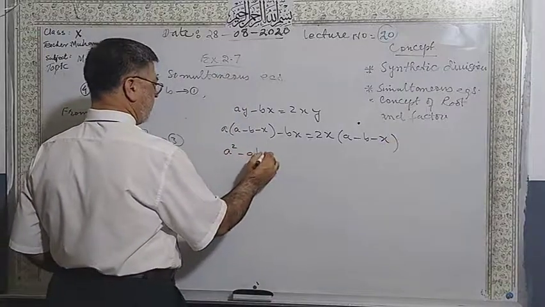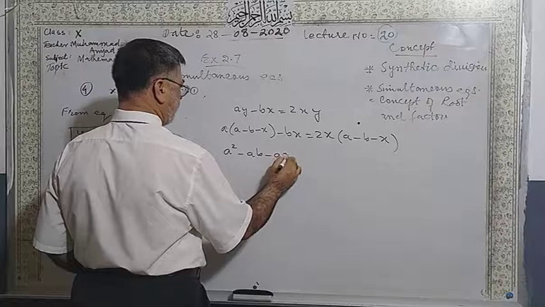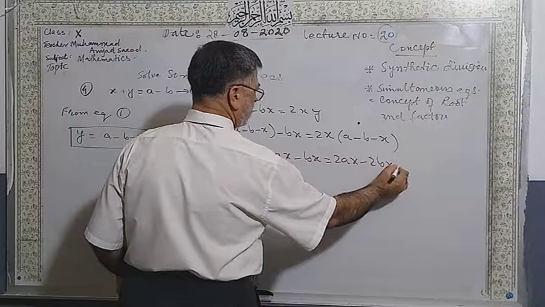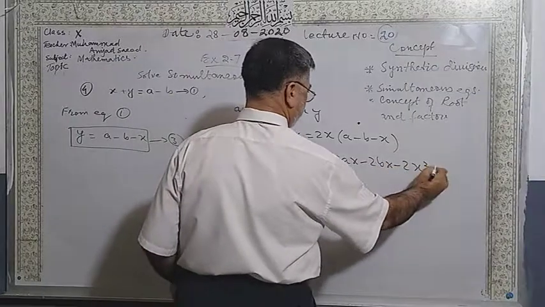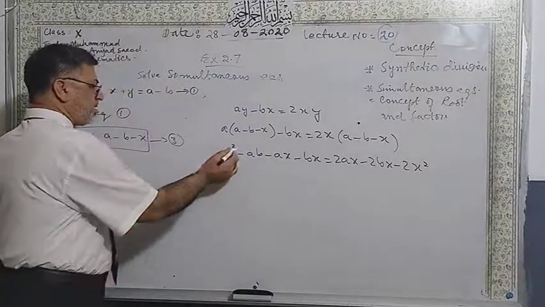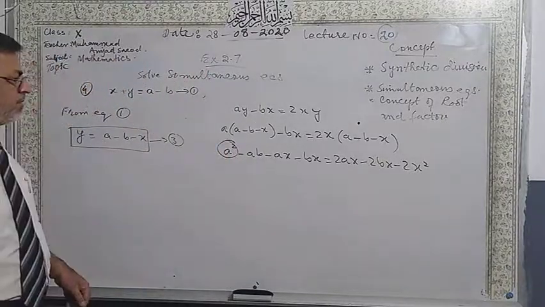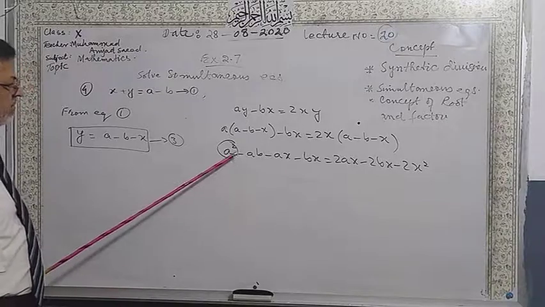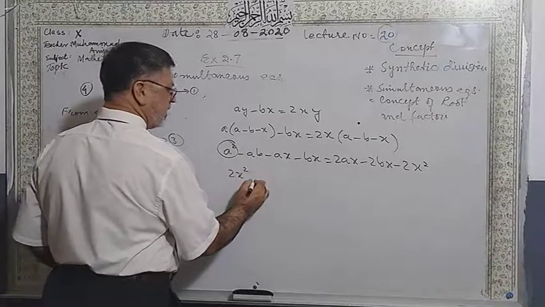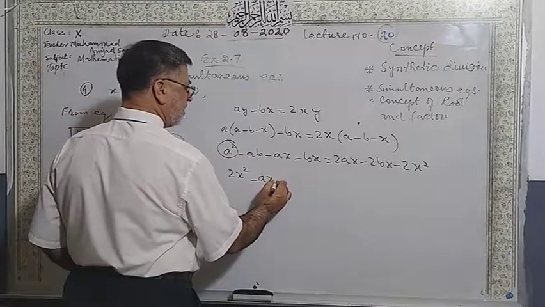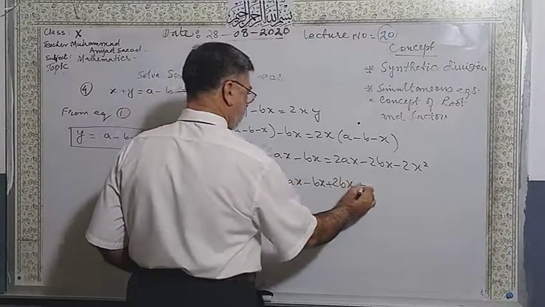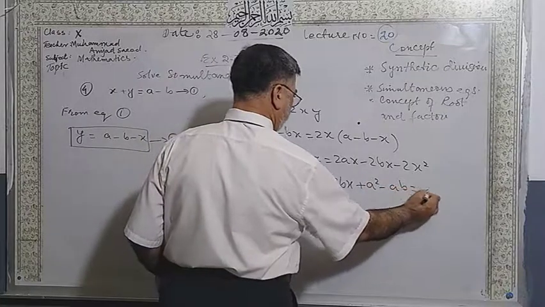a square minus ab minus ax minus bx plus 2ax minus 2bx and minus 2x square. I think we missed this term at the end. That was the reason I missed this. Bring these terms to the left hand side: 2x square minus ax minus 2ax minus bx plus 2bx plus a square minus ab is equal to 0.